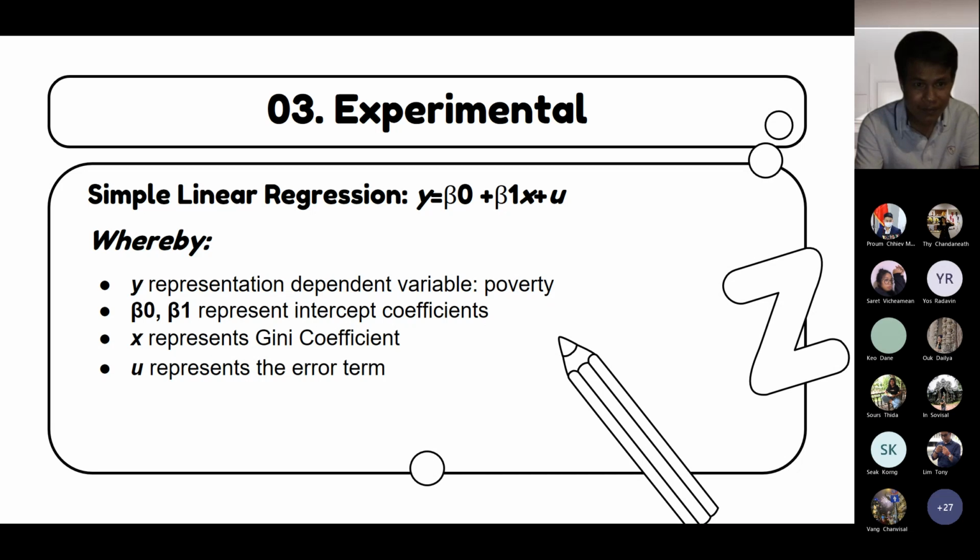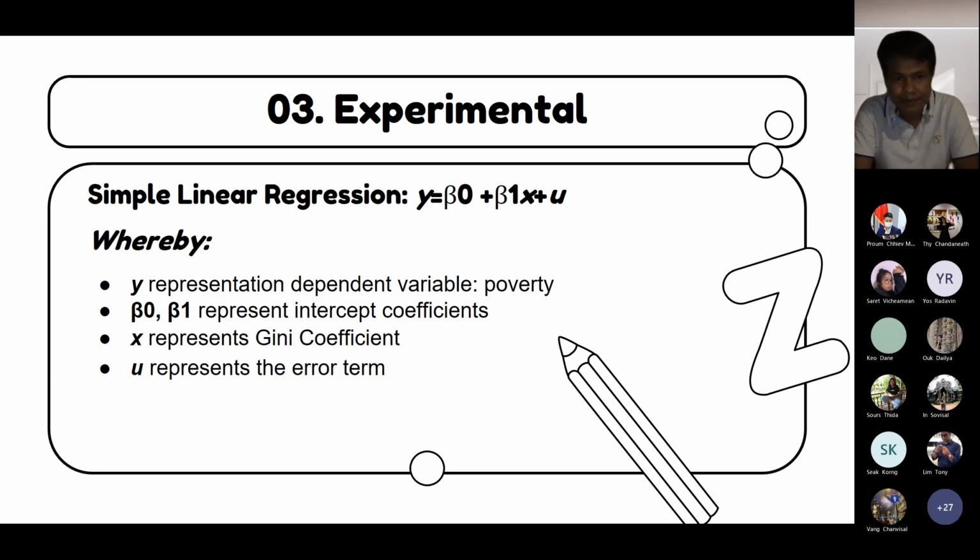Thank you. So now I'm going to talk about the experimental part. For the experimental part, the author used two models in order to study the relationship between income inequality and poverty.